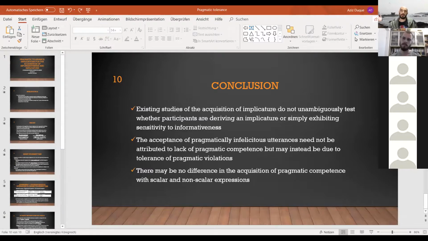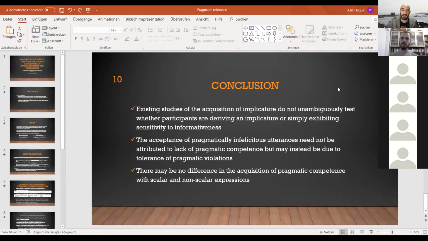But the main point of this paper is that there were all these experiments in the literature that claim that children could not derive implicatures because they lack the ability of doing that, and they quite nicely showed that actually, if you give them a way to express a sensitivity to underinformative sentences, so to express a sensitivity to pragmatic violations, they would actually express it.